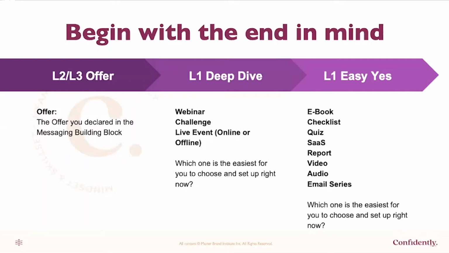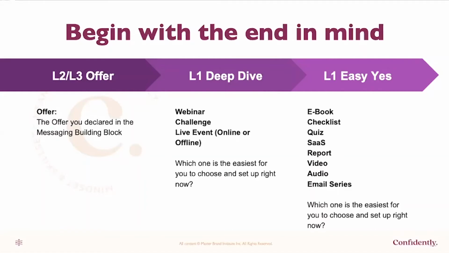And there are actually 2 critical types of L1s, the L1 Easy Yes and the L1 Deep Dive, okay? The L1 Easy Yes is typically an easy way for people to consume and get to know what you're up to. So those things include ebooks, checklists, quizzes, maybe a software as a service, an easy tool, reports, videos, audios, and email series.